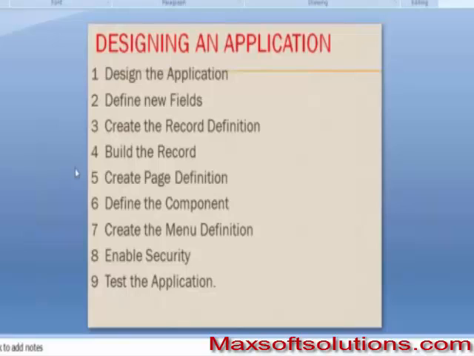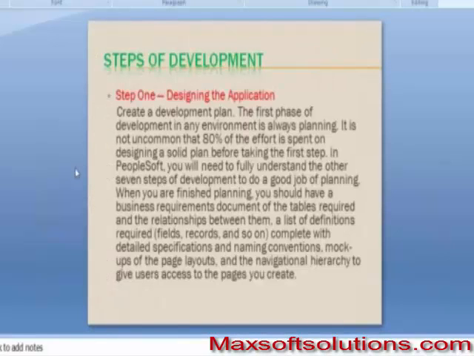In designing an application, we have a number of steps: design the application, define new fields, create the record. The first step is designing the application. That means we are creating our own plan. What is our plan? We are going to create a page. In the page, we are going to display three fields of information: employee ID, employee name, and joining date.